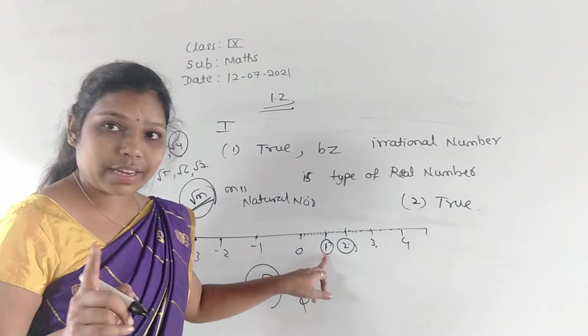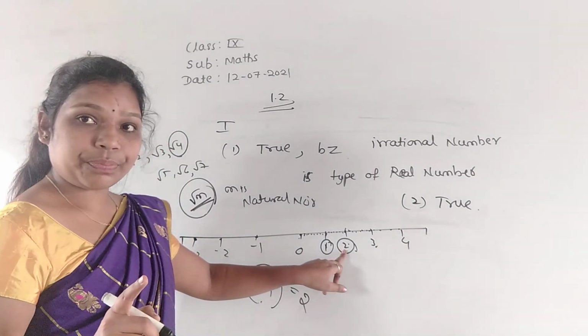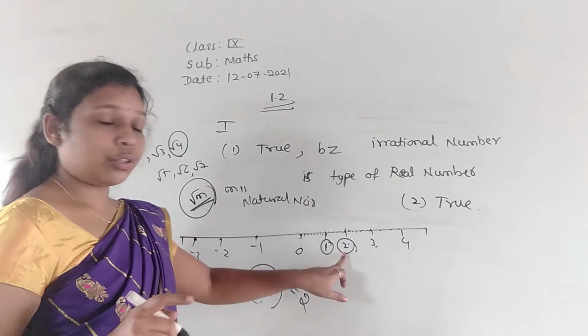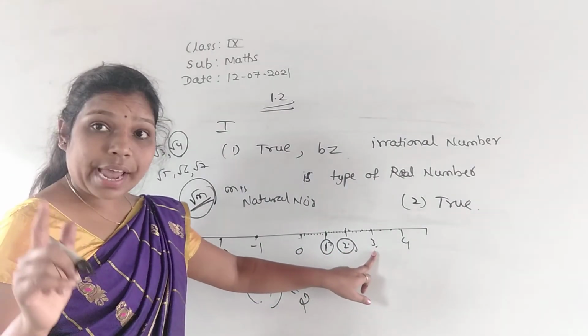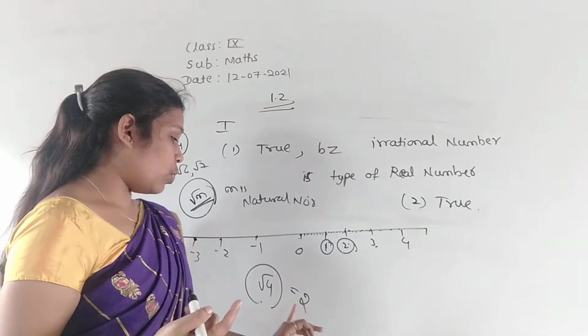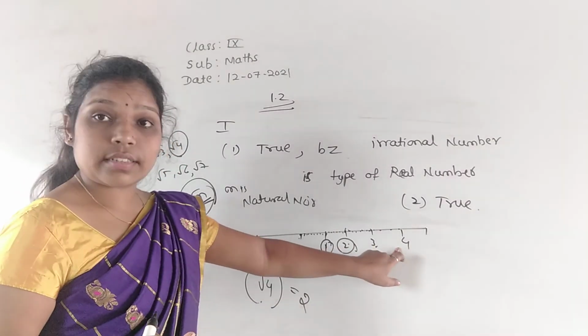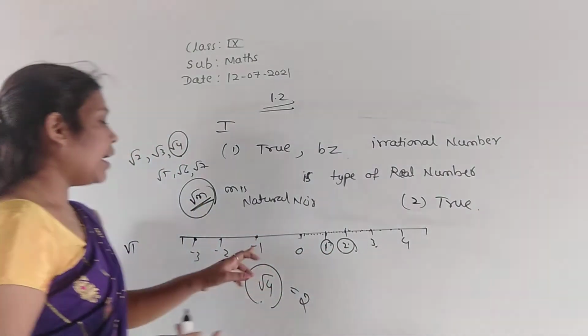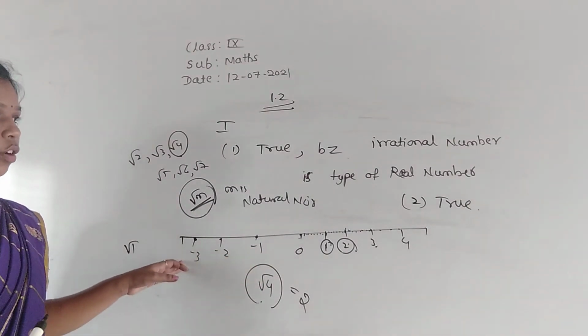Square root of 1 is 1 only. And square root of 4 is 2, we can write. And square root of 9 is 3. And square root of 16 is 4 here.